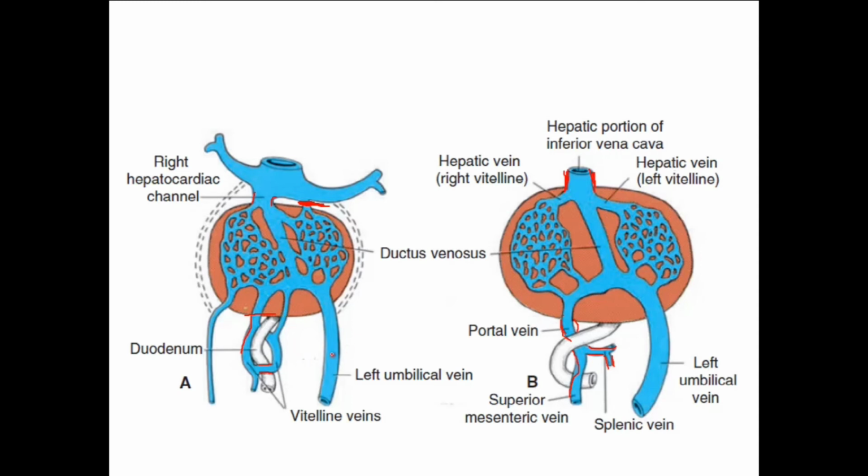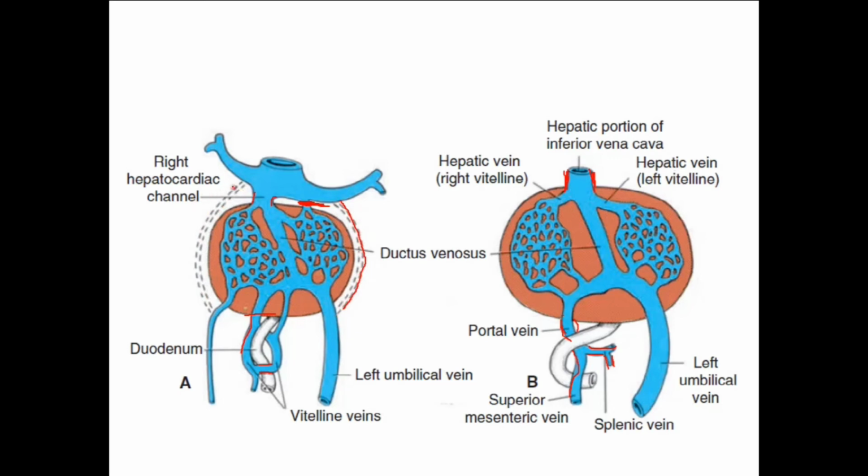Now, coming to the umbilical veins. First of all, what will happen? The part of the umbilical veins, both sides, that is the right and the left, if we start from here, that is from the sinus venosus up till below the liver, this portion of both sides is obliterated, or you can say this is the proximal part of the umbilical vein.